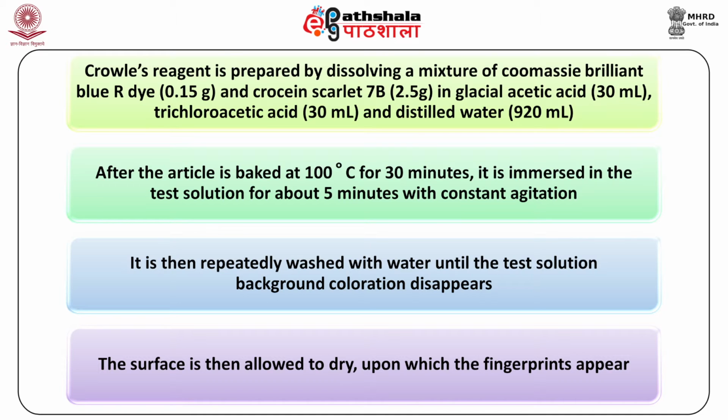After the article is baked at 100 degrees Celsius for 30 minutes, it is immersed in the test solution for about 5 minutes with constant agitation. It is then repeatedly washed with water until the test solution background coloration disappears. The surface is then allowed to dry, upon which the fingerprints appear.